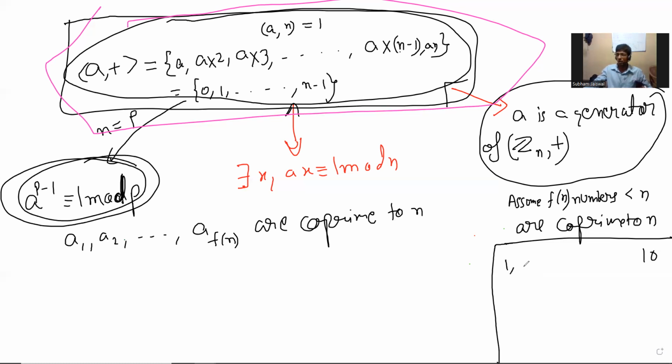You get 1, 1 is always there, right? 3, 7, 9, 4 numbers. So for 10, it's 4. Let's actually take some number. Let's take 15, for example, and then you can write down the numbers, just like we did earlier, right?